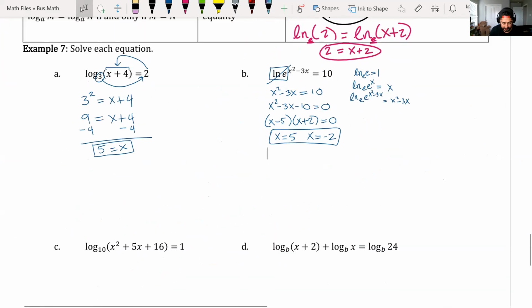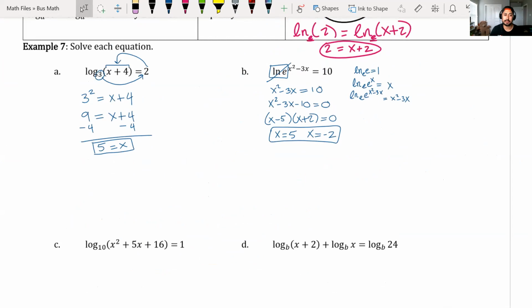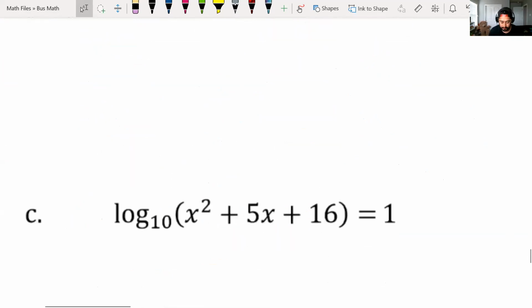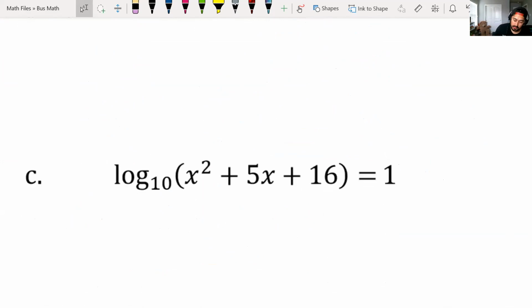Next, C is going to be handled just like A. Okay. So we have log base 10 of x squared plus 5x plus 16 equal to 1. Our job is to solve for x, but we can't solve for x if it's trapped inside the log.